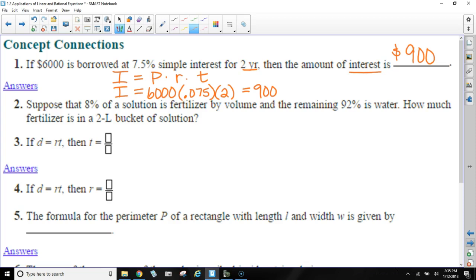If we want to know how many liters of fertilizer we have in that 2-liter bucket, we take the percent of fertilizer multiplied by the 2 liters, and that will give us 0.16 liters of fertilizer.